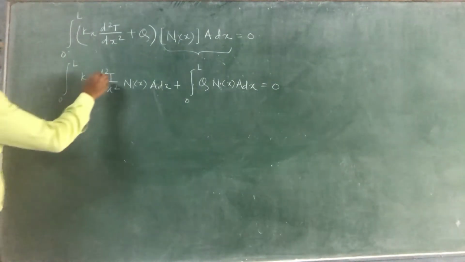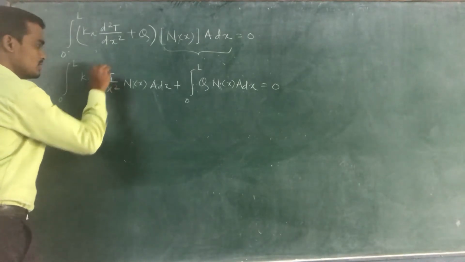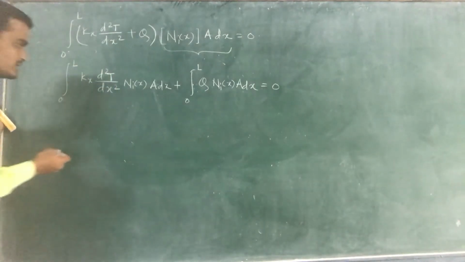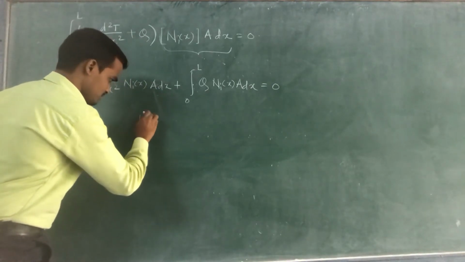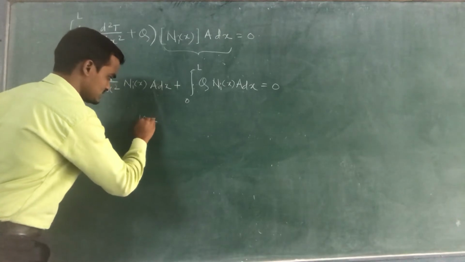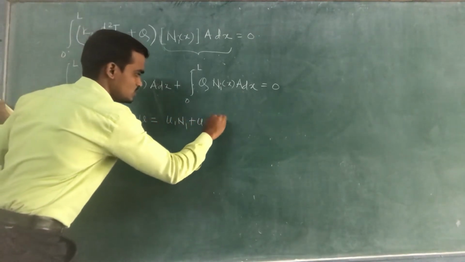Now the temperature distribution T we need to write in shape function format. As we know, the displacement u, from the first unit, we can write as u1 N1 plus u2 N2.